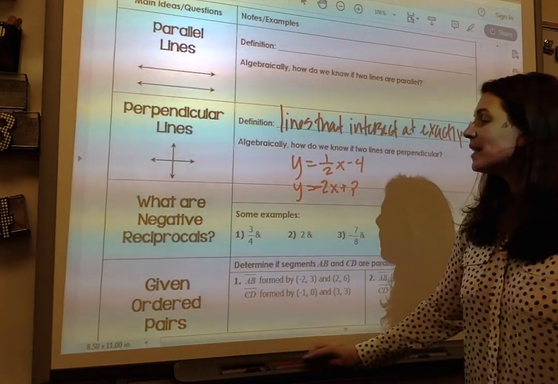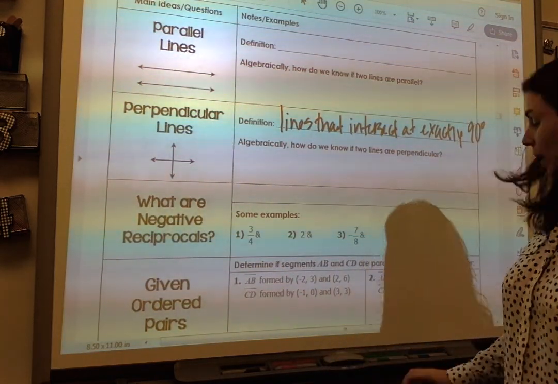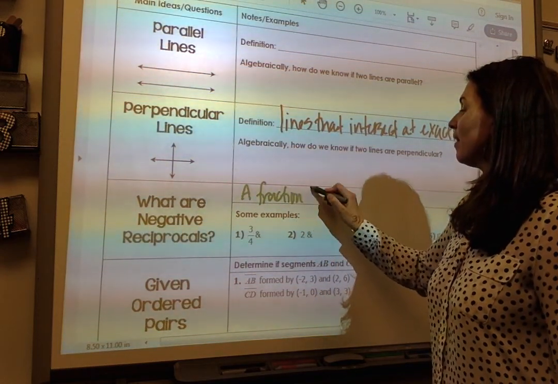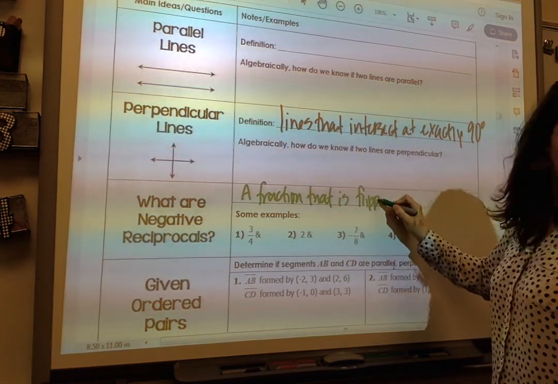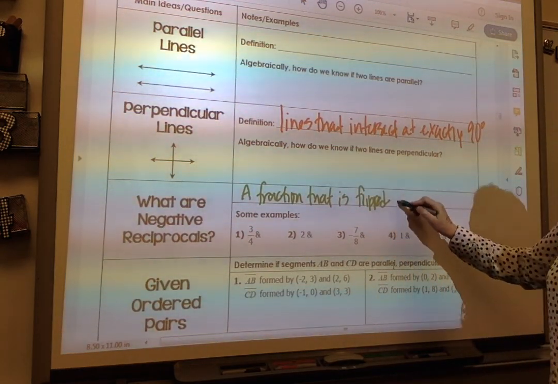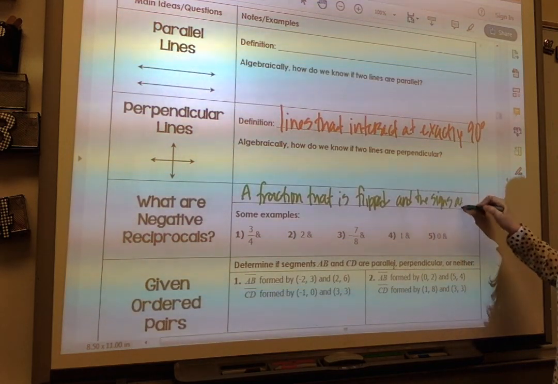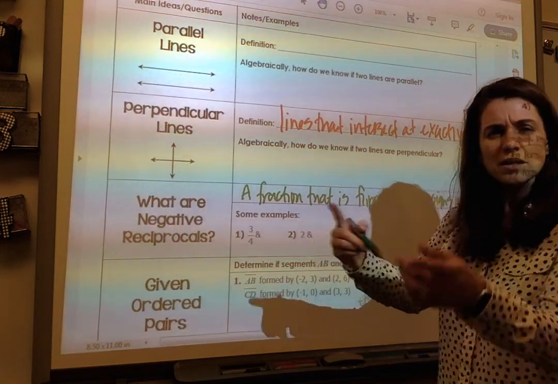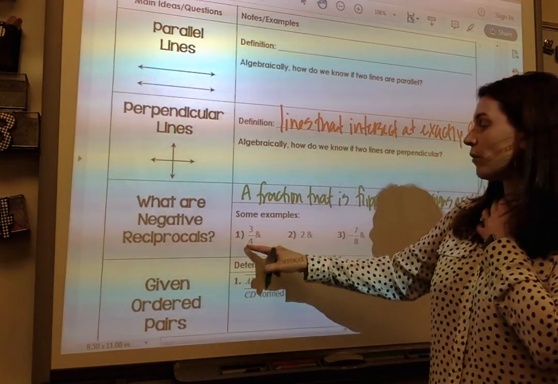So now let's talk about what a negative reciprocal is. It is a fraction that is flipped and the signs are switched. Again, one's positive, one's negative. So what is the negative reciprocal of 3/4?